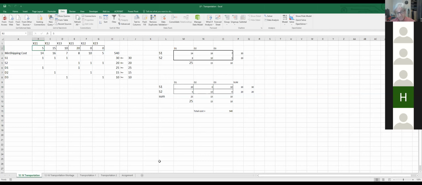So what happened here? There is more than one optimal shipping plan. It has multiple optimal solutions. All of them will end up having $540 total shipping costs, but the structure of the shipping is not necessarily the same. Very important thing for management to know, because what if they realize that here they call for shipping of 15 units from source 1 to destination 2, 15 units.